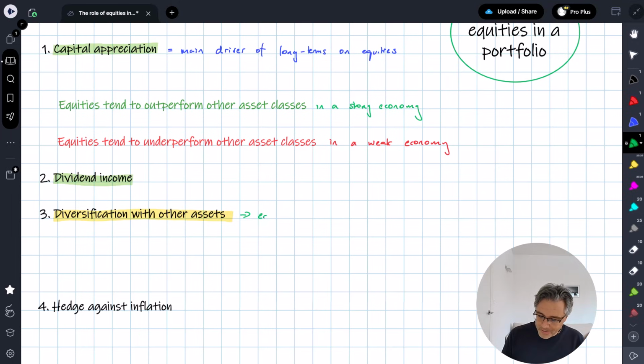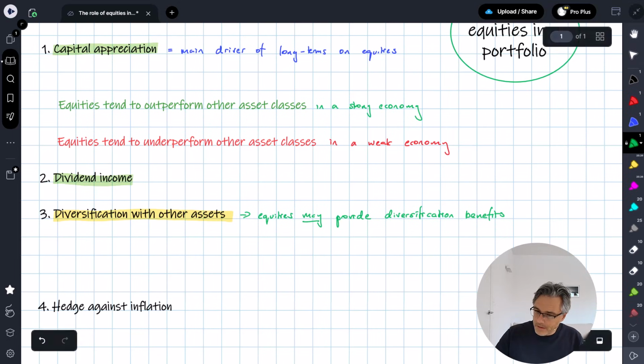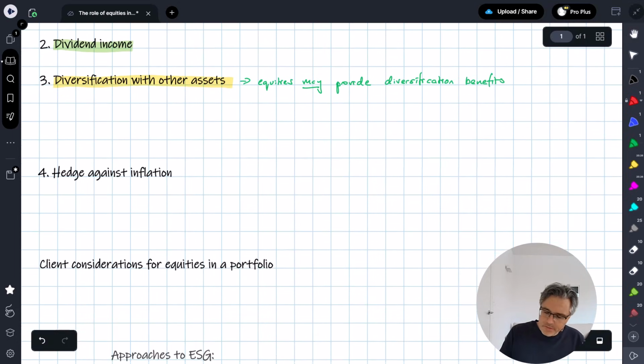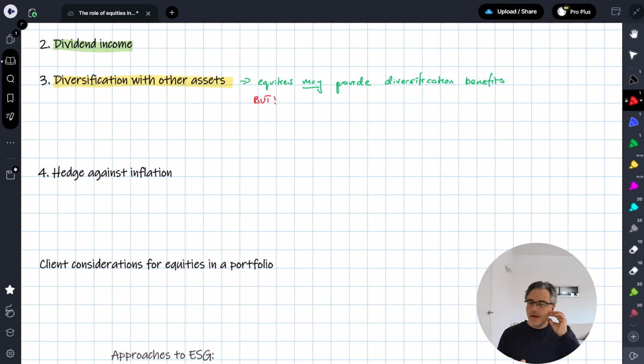So equities may indeed, but with the emphasis on may, provide diversification benefits in a portfolio context. But you have to be careful here about making statements that would be too strong or too categoric.